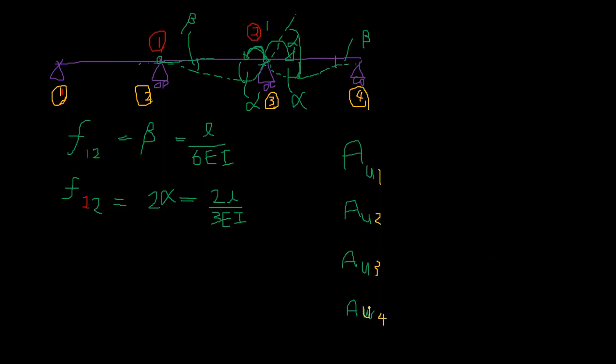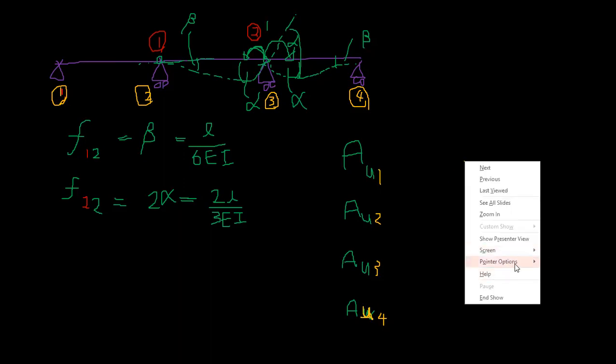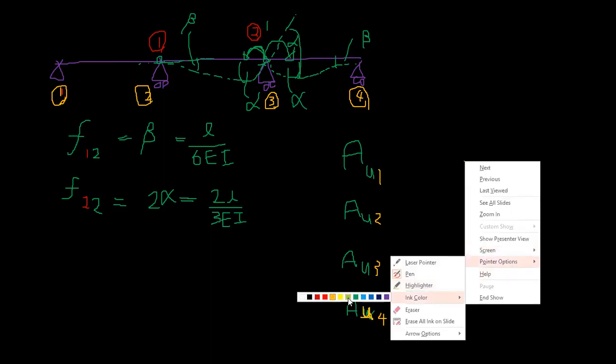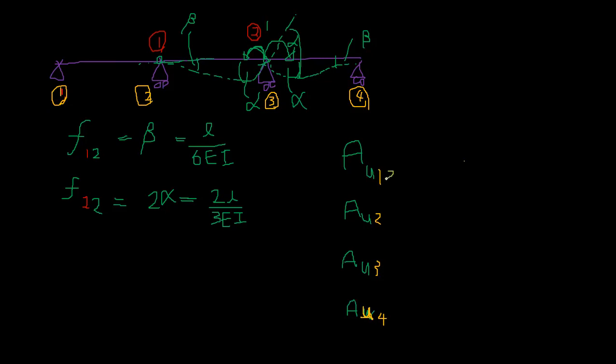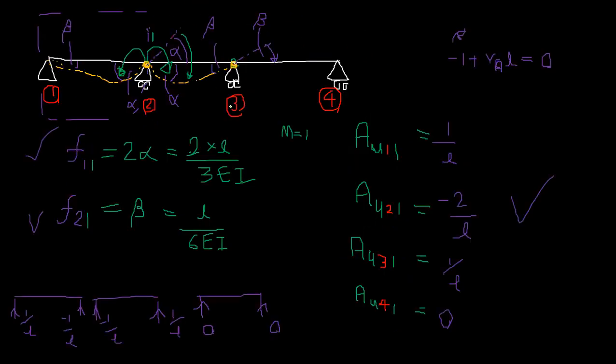So this is u, okay. Due to the redundant at 2, it's going to be the same, right? You can see this structure arrangement with this unit moment is the same as this, so you can expect the same forces.